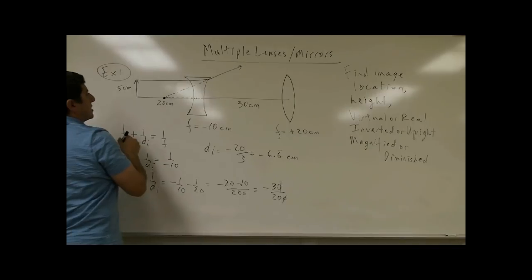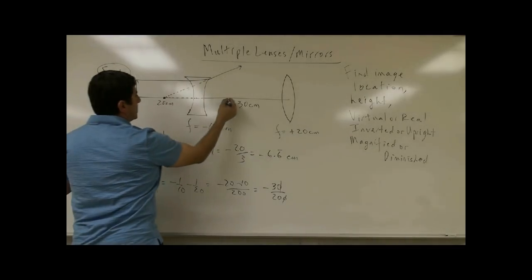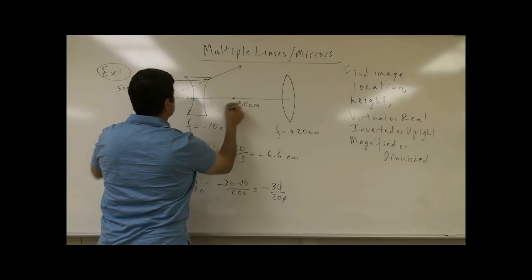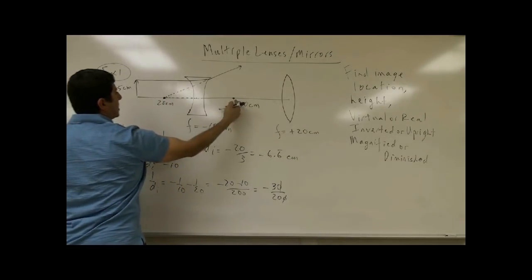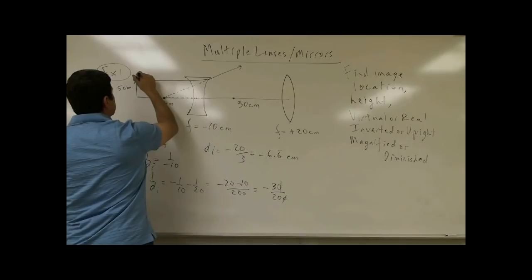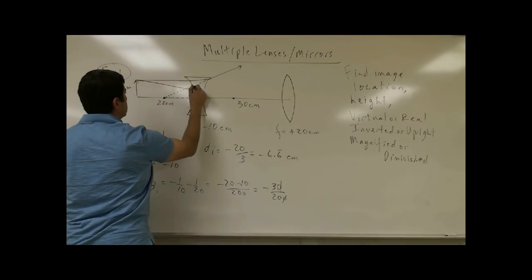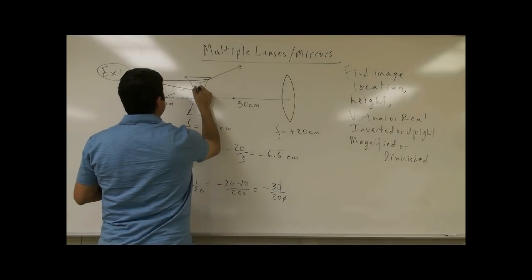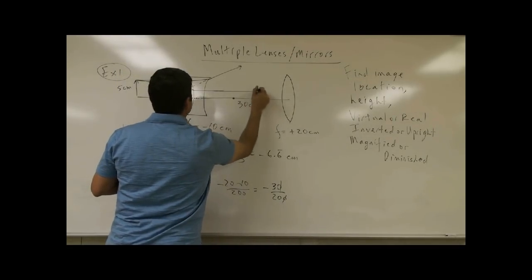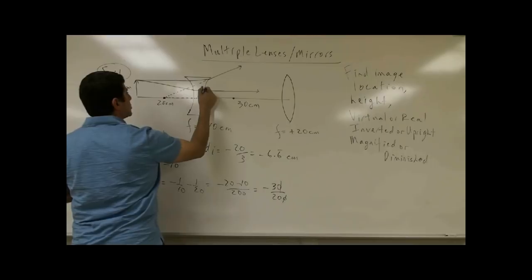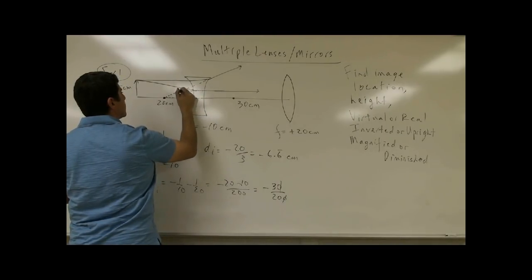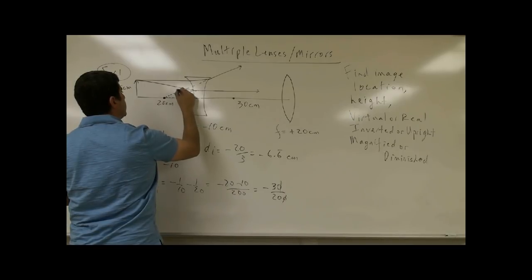And rays that are intended for the secondary focal point, there should be another focal point here, end up being bent straight. So if you take this ray and you go back, at the intersection of those, that's where the image will be.